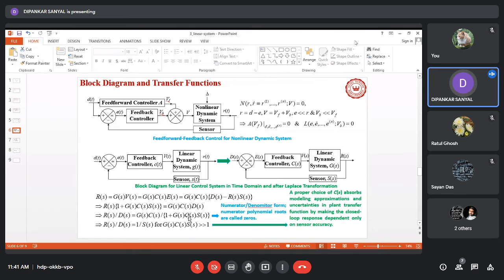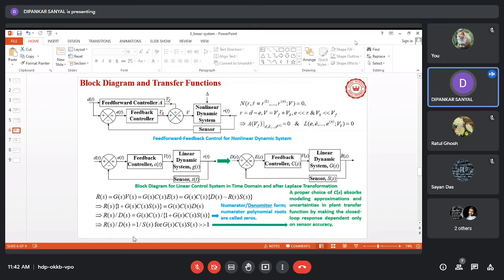So 1 into 5 will be the constant term that will emerge from this block, and of course that 5 is much greater than 1. If that is the situation, then we can neglect that 1 with respect to that 5 that arises from the product of G(s), C(s) and S(s).